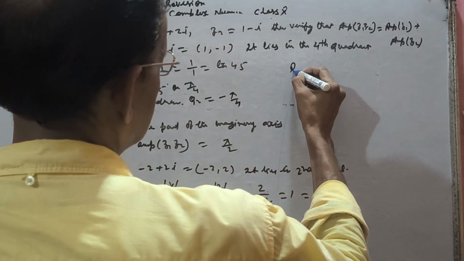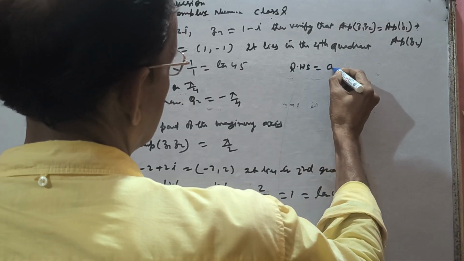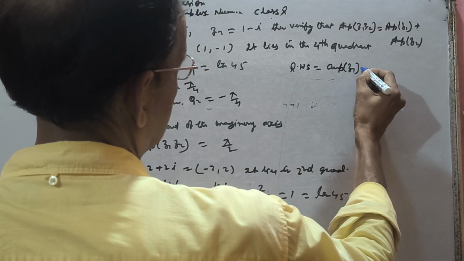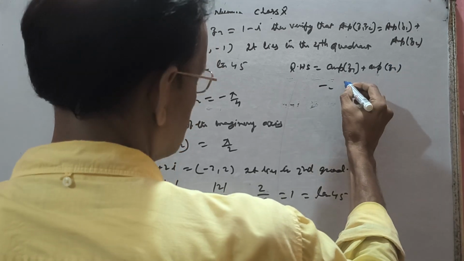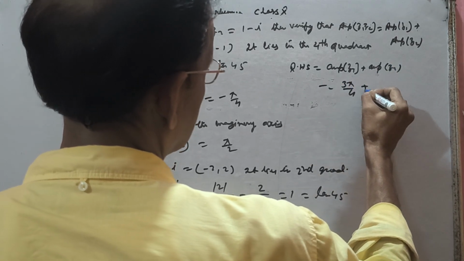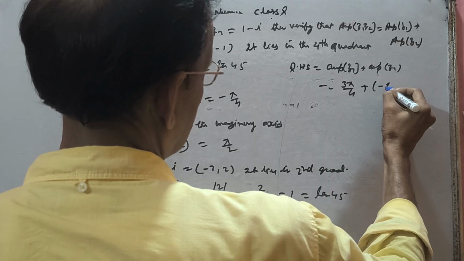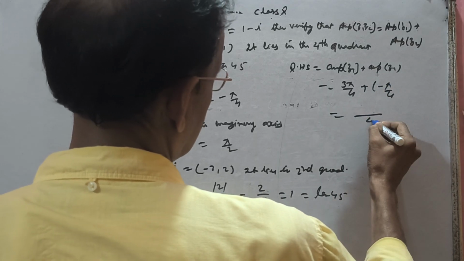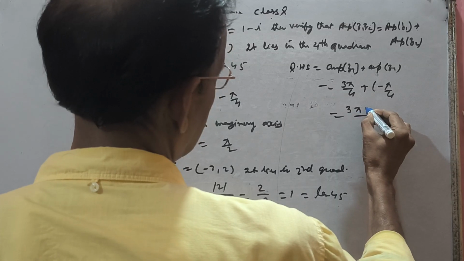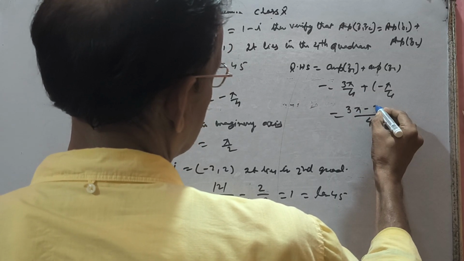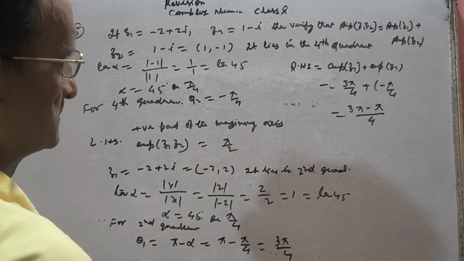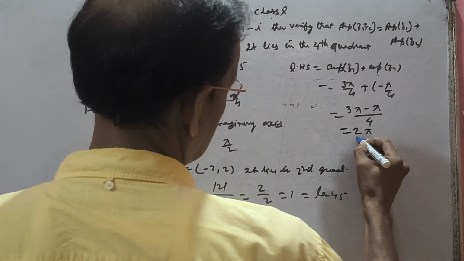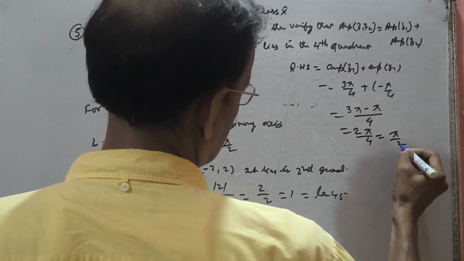So take the RHS now. RHS: amplitude Z1 plus amplitude Z2. What is it? 3 pi by 4 plus minus pi by 4. So 4 is the LCM. How much will we get? 3 pi minus pi, so 2 pi by 4, equal to pi by 2.